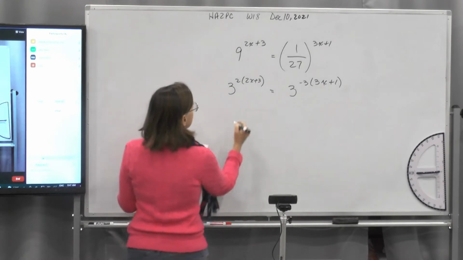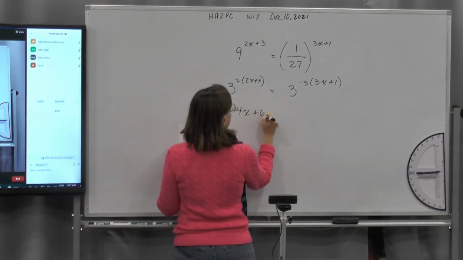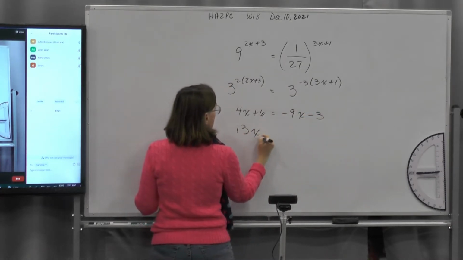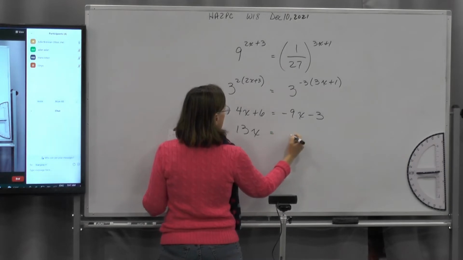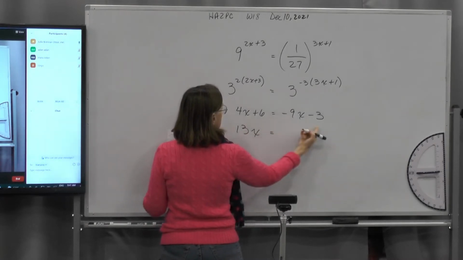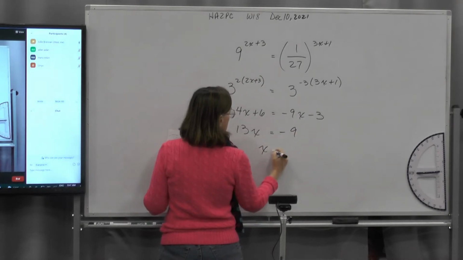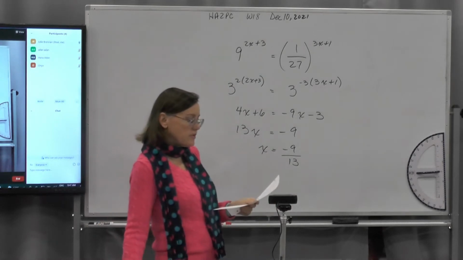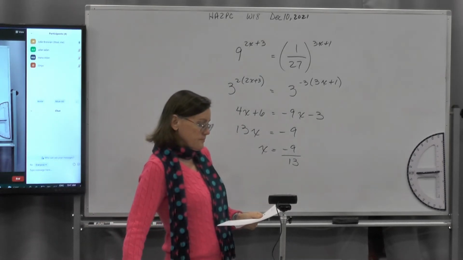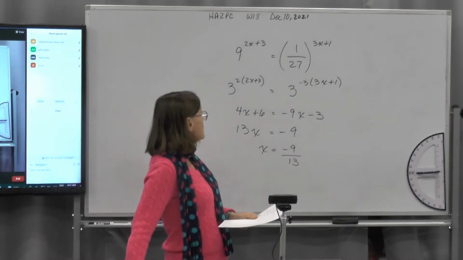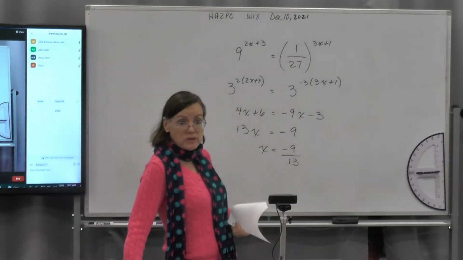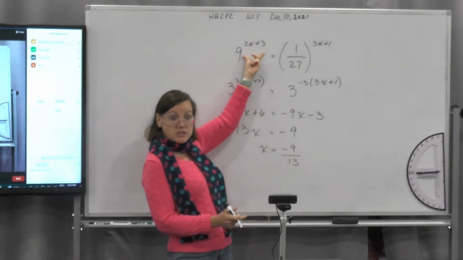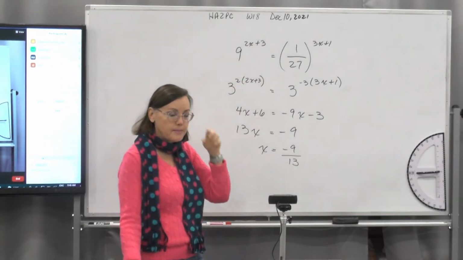Okay? Add 9, subtract 6. Give it a nice rational number there. The only thing at this point calculator-wise would be if I was doing a quiz or a test, I would take this and plug it into each expression to make sure that they do in fact equal each other, right?